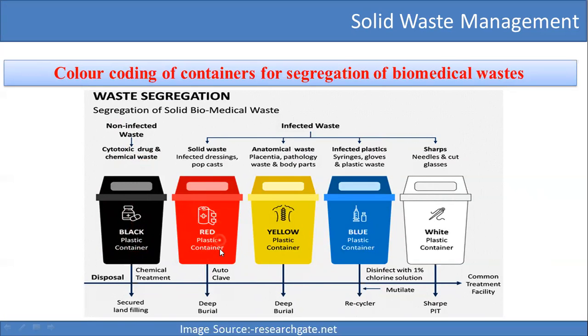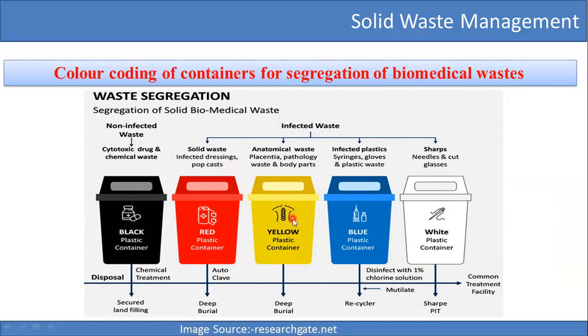Yellow, blue, red and white, these four colored containers are used for the infected waste. In the red plastic container, solid waste which is infected with blood or other things like dressing, plaster cast, etc. is stored.